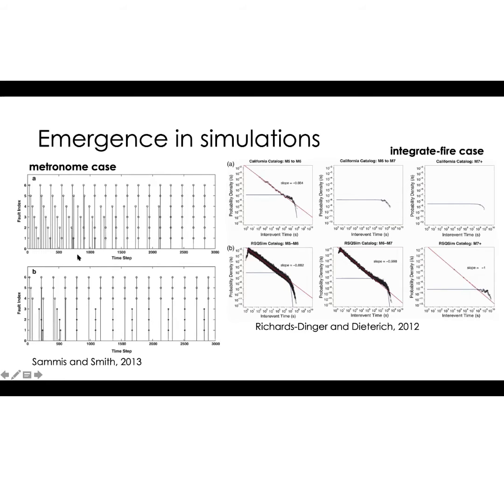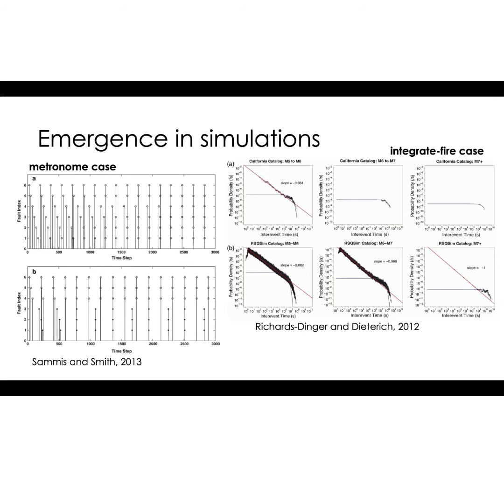So as I said, this is sort of unsurprising because this is what we expect to be a fundamental nonlinear interaction between regular oscillators. But there are some interesting pieces also revealed in this Richard Singer and Dietrich article from 2012 that presents the RSQSim catalog.